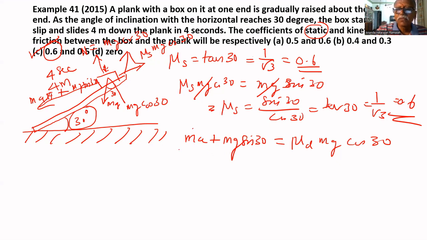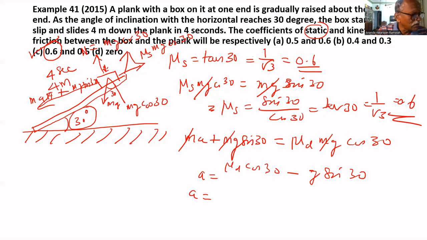So everywhere m is there, so m getting cancelled. Therefore, a equal to mu dynamic g cos 30 minus g sin 30.